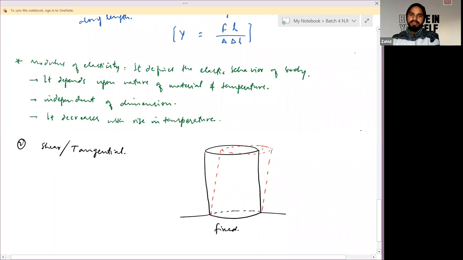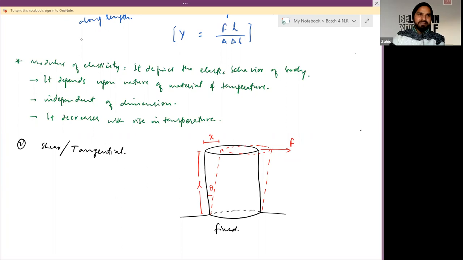So the deforming force applied will be tangential to it, due to which its surface gets shifted by x, or let's say some angle theta. Length of the cylinder is L.